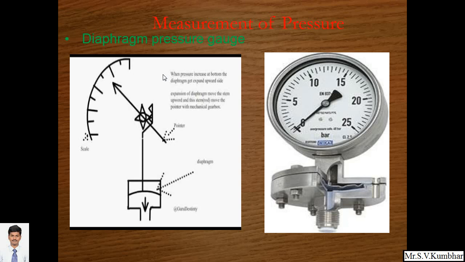This lever is connected to rack and pinion joint at its end. When this lever moves in vertically upward or downward direction, pointer shows deflection because reciprocating motion is converted into rotary motion. Actual diaphragm pressure gauge is shown on the right hand side.